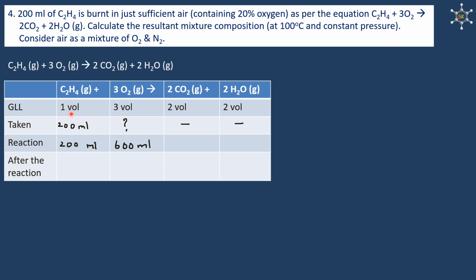1 volume of C2H4 gives 2 volumes of carbon dioxide. So 200 ml of C2H4 should give double, that is 400 ml of carbon dioxide. 1 volume of C2H4 gives 2 volumes of water vapor. So 200 ml of C2H4 is supposed to give 400 ml of water vapor.